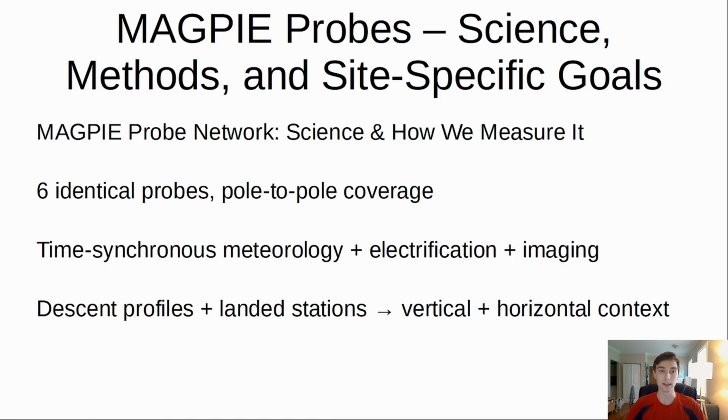Because they are identical, they can change their mission. That goes back to the redundancy. We can rank the order of importance of these probes. With the descent profiles and landed stations, we will be recording data during the EDL section, or the entry, descent, and landing section, of these probes.